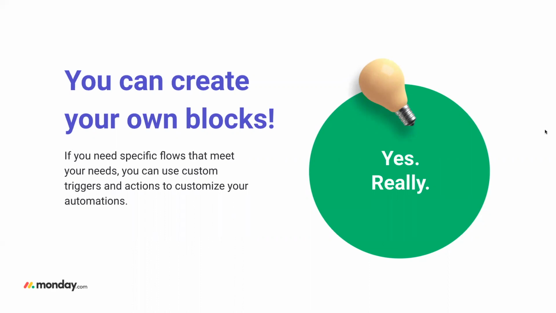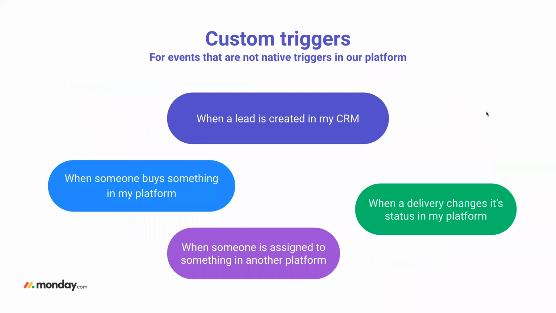That's pretty cool. Any custom triggers will be for events that are not native triggers in our platform or built-in triggers. So you can make a trigger that gets triggered when a lead is created in your CRM, or when someone buys something in your other platform.